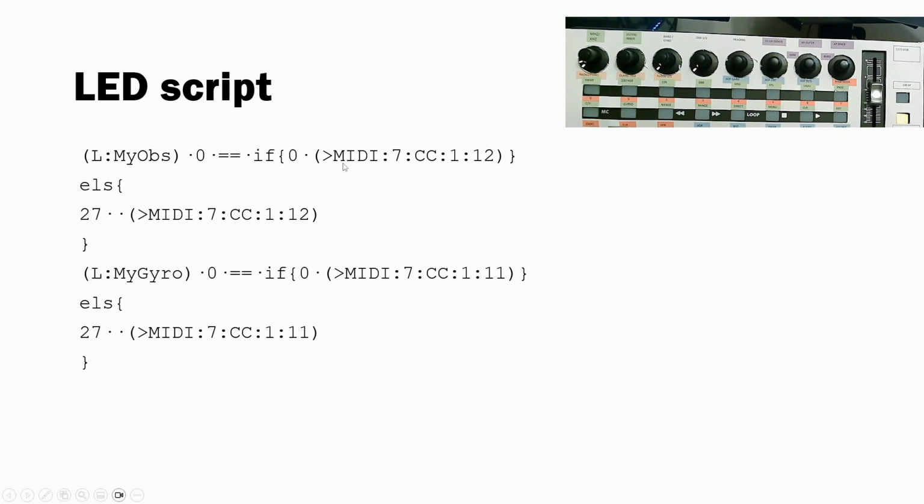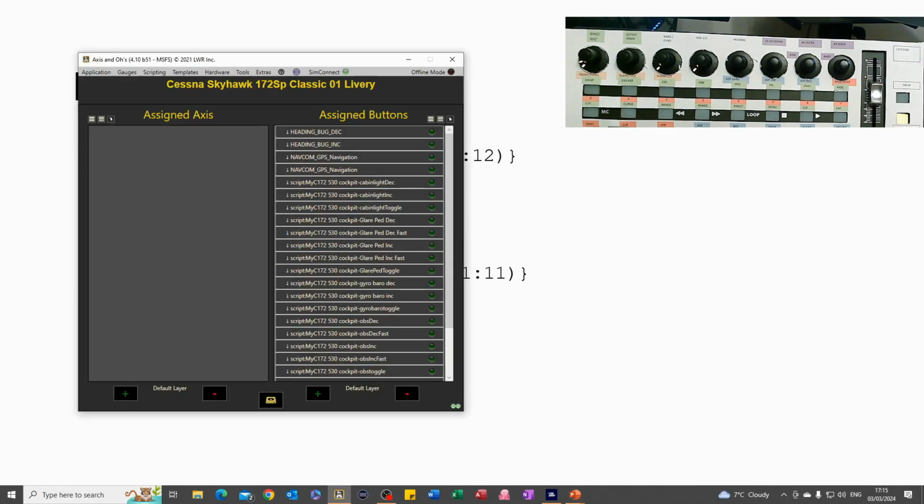I've dealt with this a number of times before, but this is how we write to MIDI, and I'm writing to that one there. They're labelled 9, 10, 11, 12. So this is number 12. I'm sending a 0 to bulb 12, and I'm sending it over MIDI to device number 7. Now I know mine is device number 7.